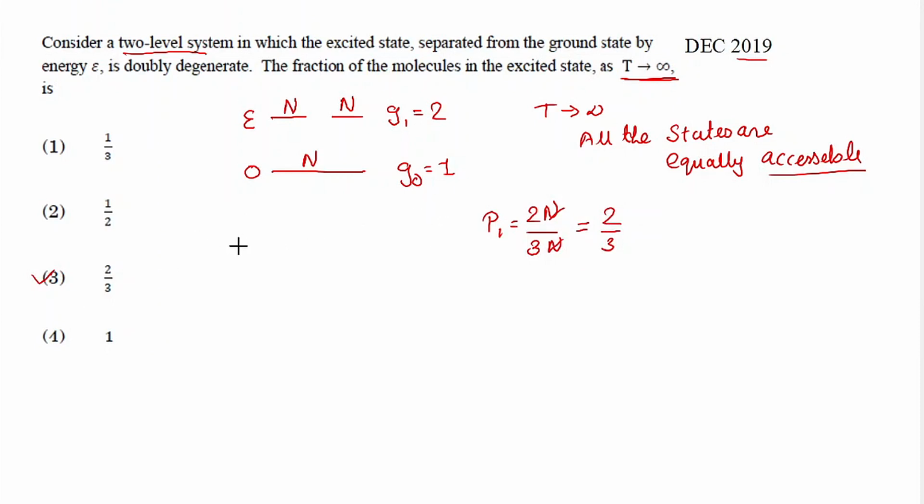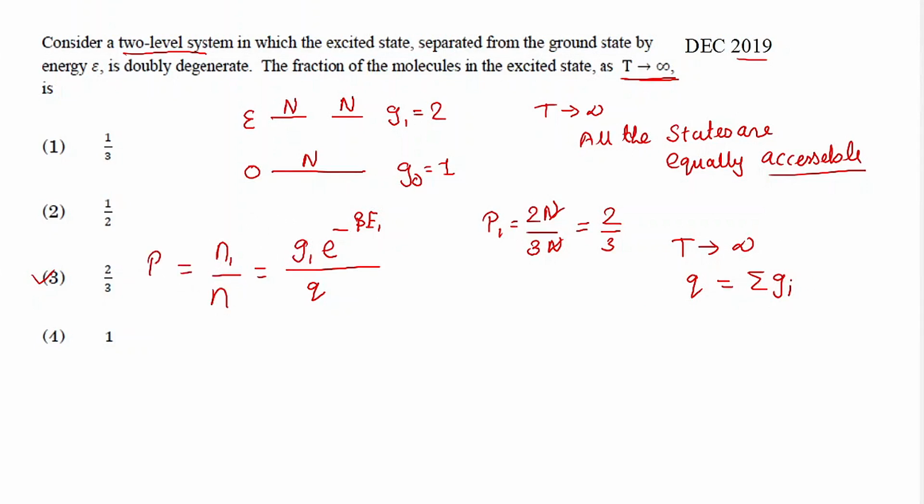Now also we can do it in this manner, that is from the Boltzmann equation. We know that we can write n1 upon n is equal to g1 e raised to minus beta e1 upon q, where q is the partition function. Now the value of the partition function as T tends to infinity, the value of q will be the summation of gi, as all the states are equally accessible, and basically we want to find this, that is our P1.